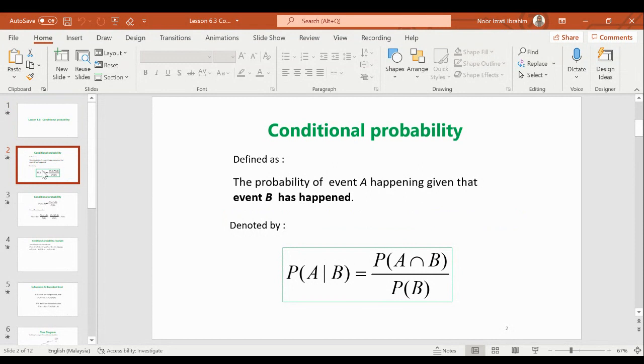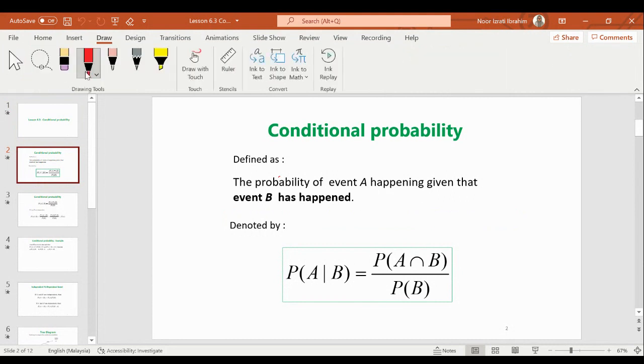Conditional probability always involves two events, where one of the events will be the condition. The notation that we use to represent conditional probability is this.